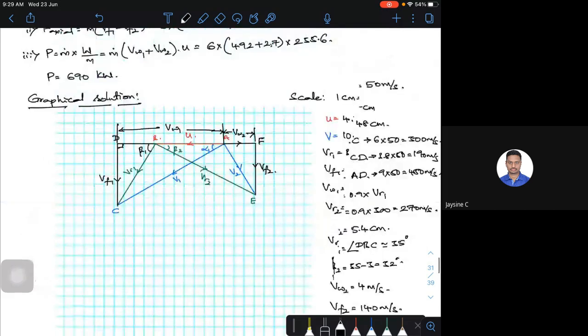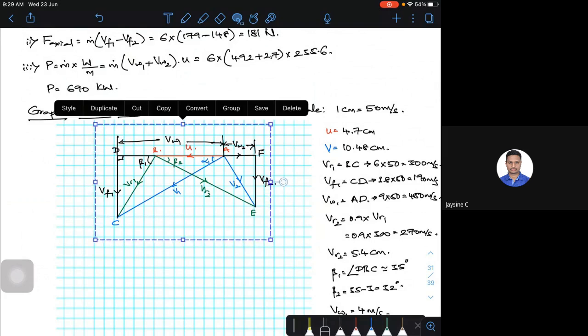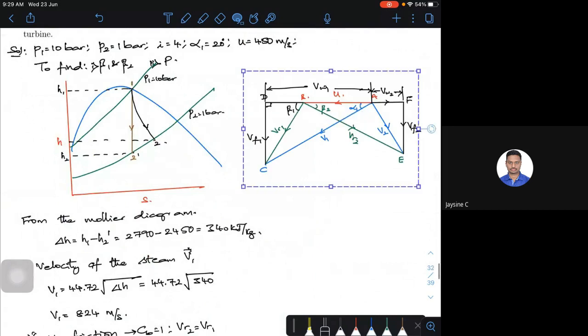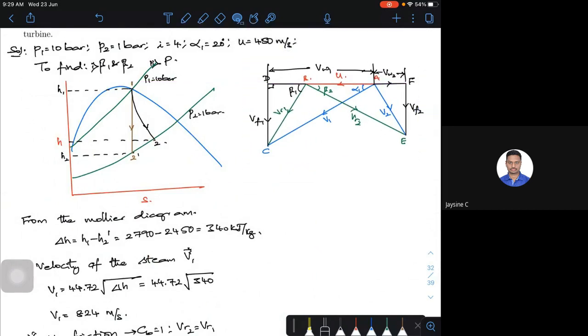So now let us go with the same thing, whatever we assumed. Let's draw a simple velocity triangle. We are going to use trigonometric principles. This is the velocity triangle we have.